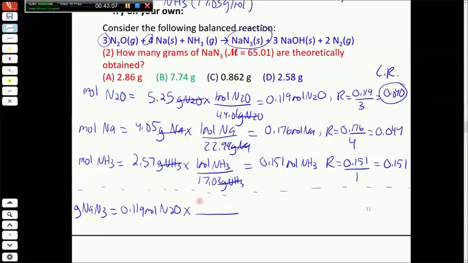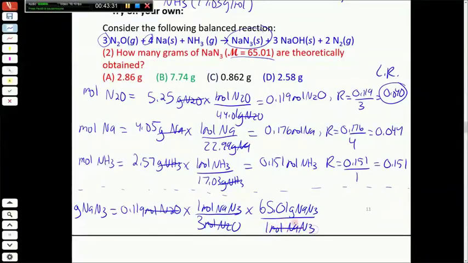So there's a coefficient of 1 in front of NaN3 and a coefficient of 3 in front of N2O. And then we use the molar mass, 65.01, to convert that amount back into grams, which is what we're looking for. And that comes out to 2.58 grams. Which would match up with choice D.